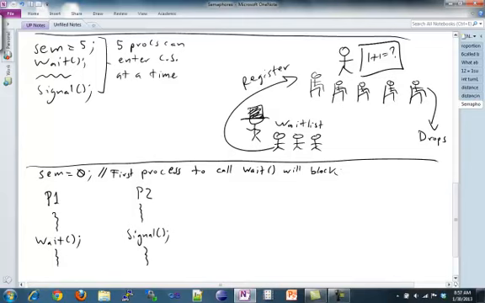So it's not like this room scenario anymore, where you wait to enter the room and you signal to exit the room. Now process 1 is going to call wait, and this wait is going to block until process 2 calls signal.